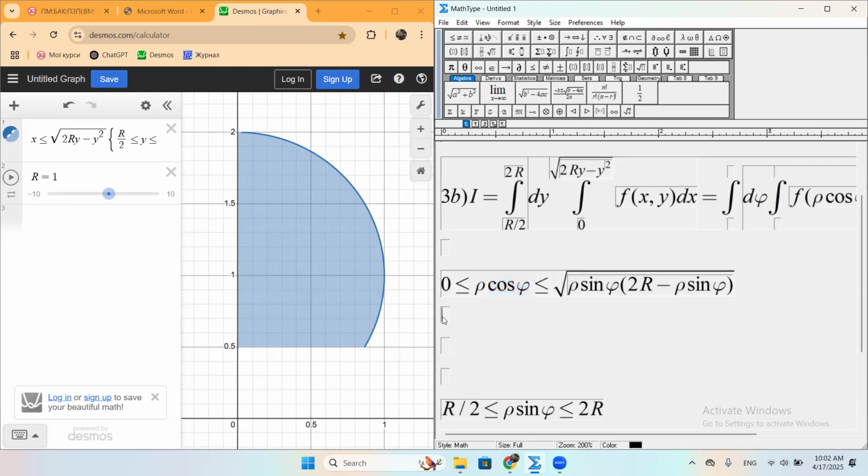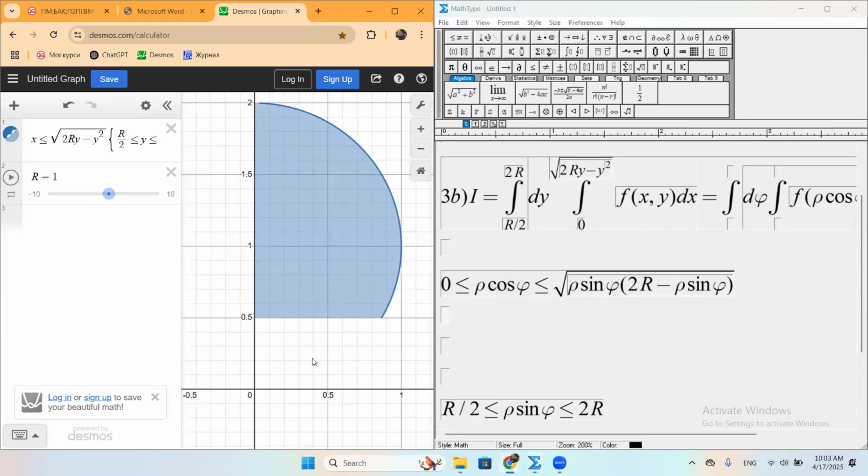So how will we receive new limits of integration? If ρ cosine of φ equals 0, ρ cannot equal 0 in this case, by the way. But let's check this equation.